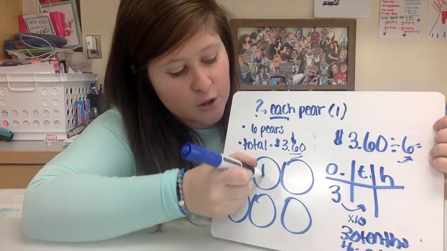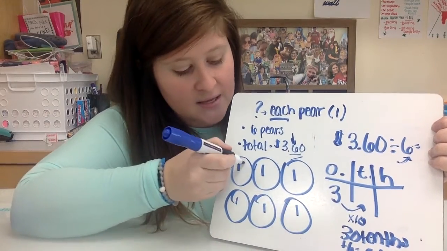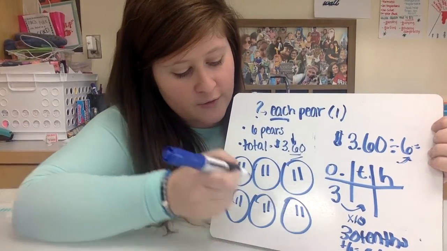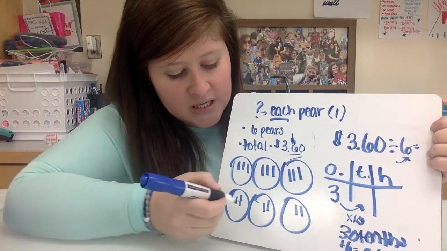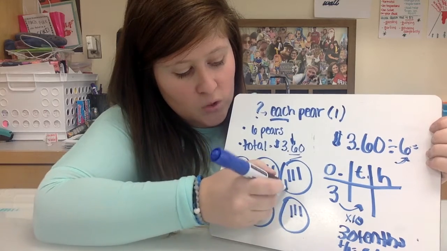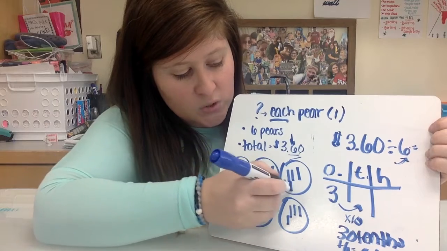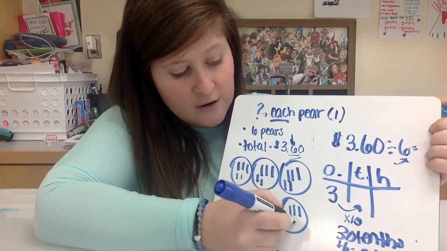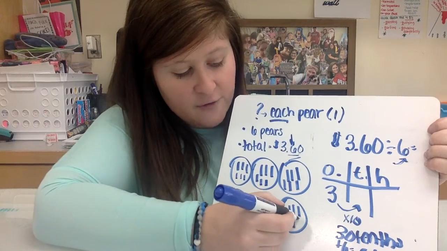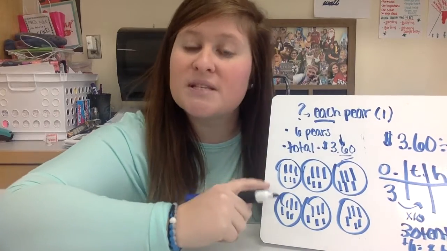So here's 1 tenth, 2 tenths, 3 tenths, 4 tenths, 5 tenths, 6 tenths, 7, 8, 9, 10, and so on up to 36. So now I've used all 36 of those rods, or those individual tenths pieces that I had.